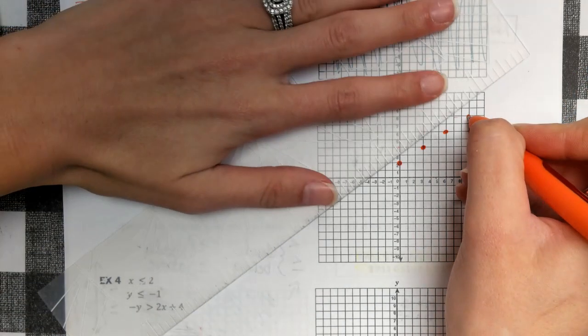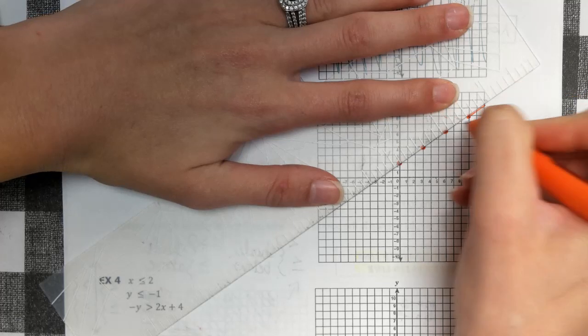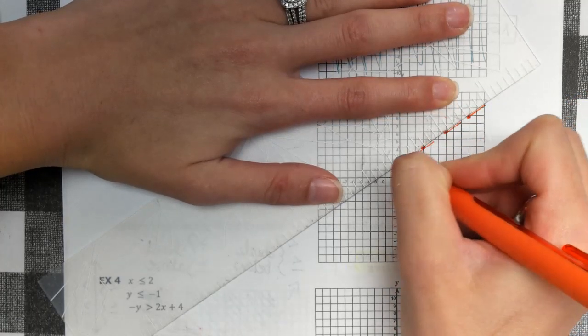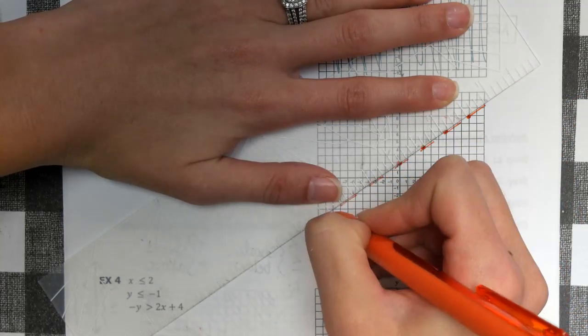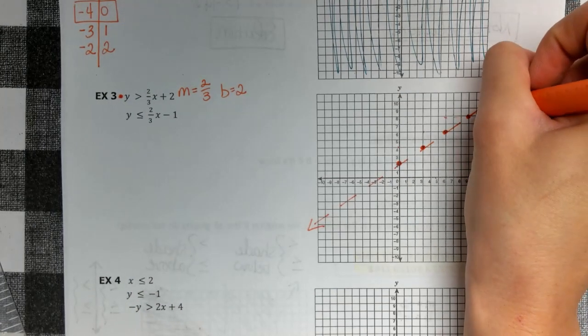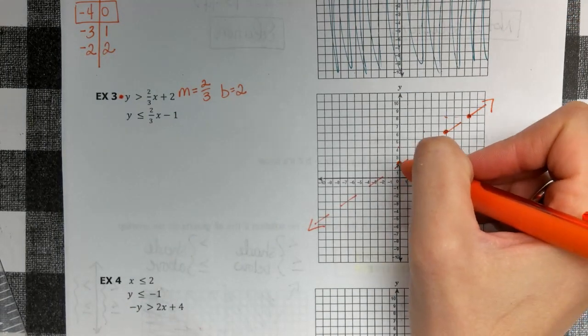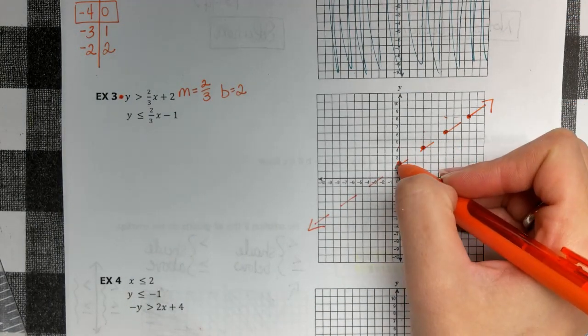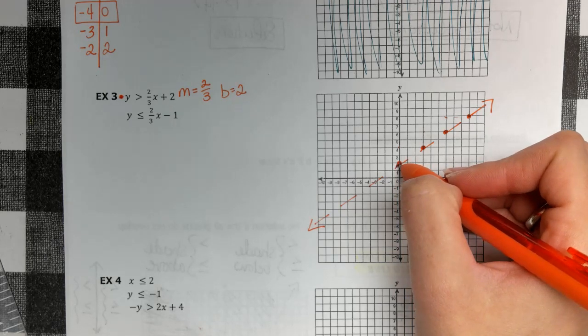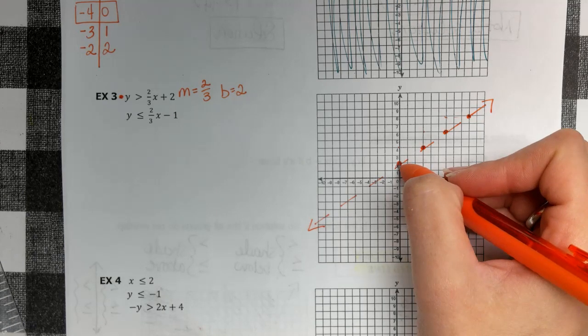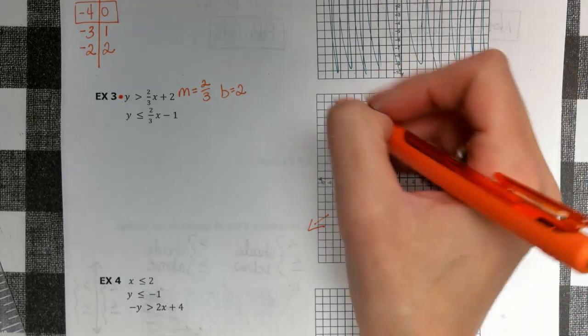Dashed or solid? Once I make that line, I go back to my y-intercept. Greater than, am I going to go up or down? Greater than is above, so up.